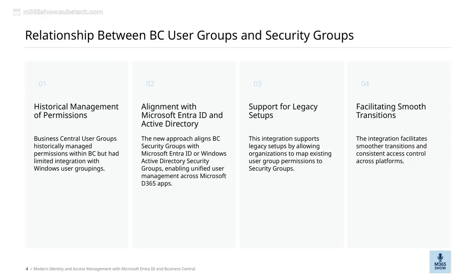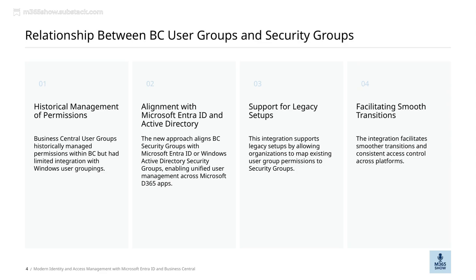Additionally, the new approach aligns Business Central security groups with Microsoft Entra ID or Windows Active Directory security groups. This alignment allows for unified user management across all Microsoft D365 applications, simplifying administration and improving security.